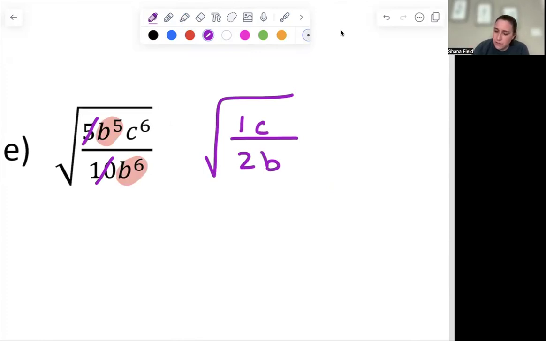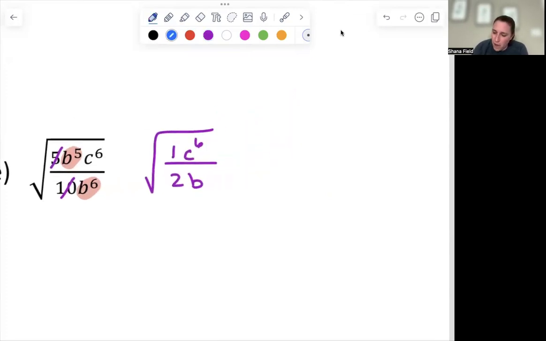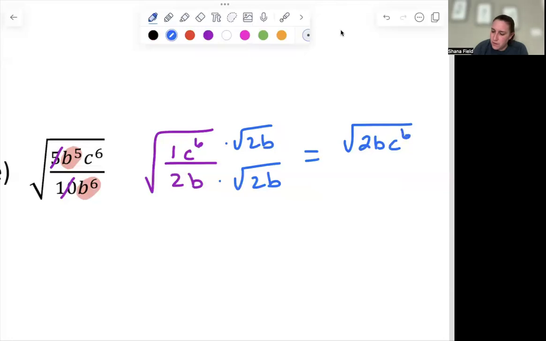And then c to the 6 is still hanging on top. Now I'm going to multiply by the radical of 2b. In my numerator, I get 2b c to the 6th. And my denominator is 4b squared, when I multiply 2 times 2 and b times b. Or, again, we know that that is just going to go directly to 2b.